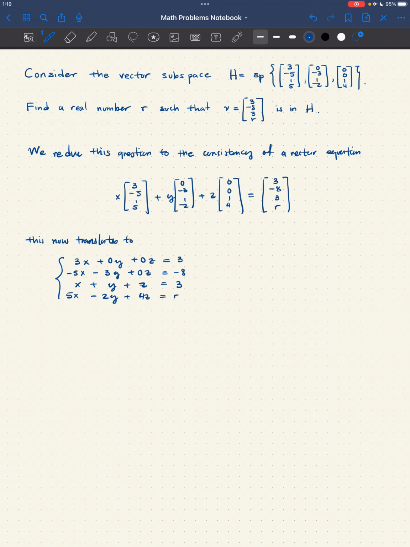But if we examine this system carefully, we see that this very first equation may be reduced to the following. We have 3x equal to 3, so this reduces to x equal to 1. So you may forward substitute the x wherever is needed.